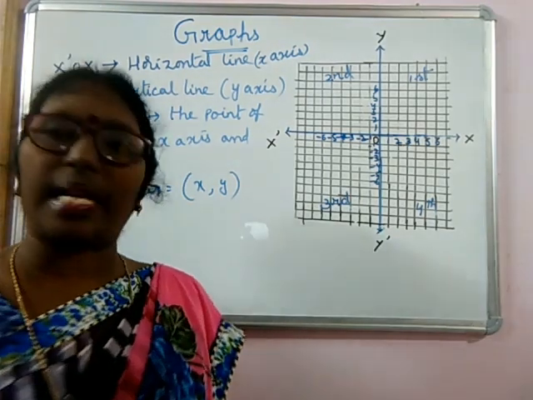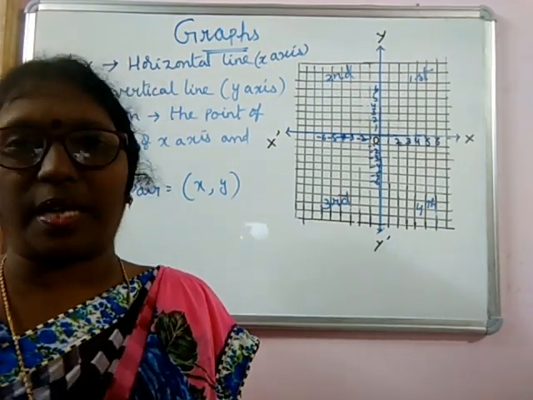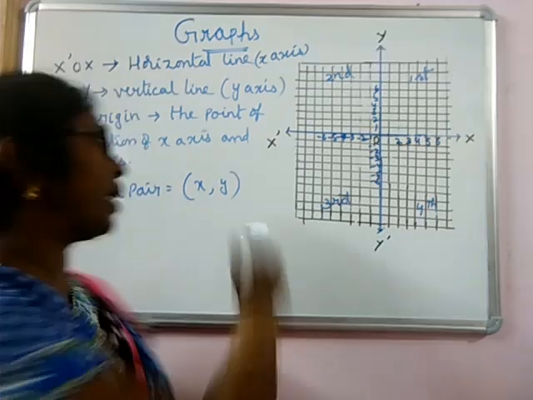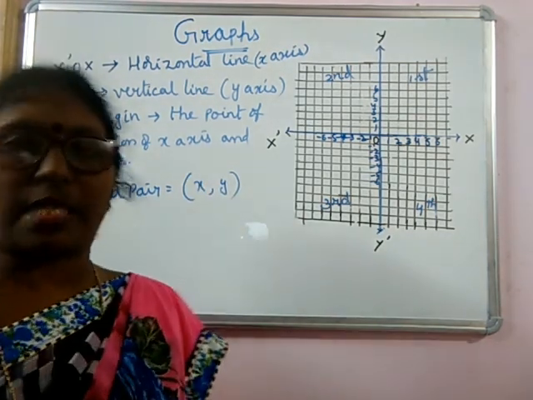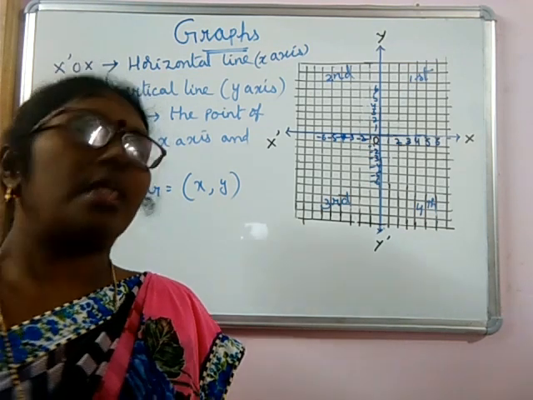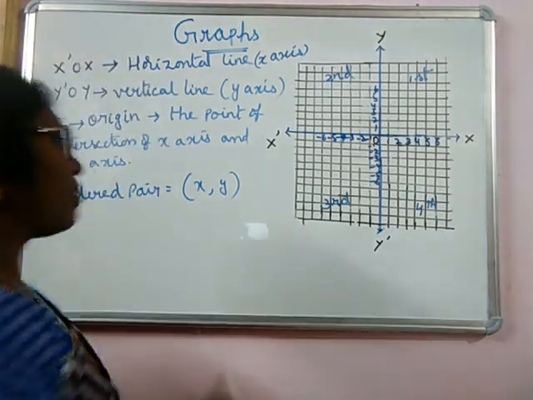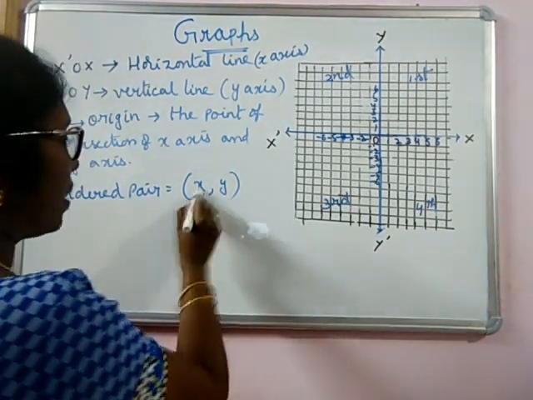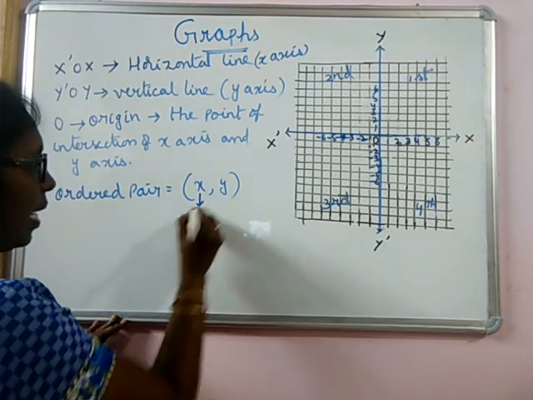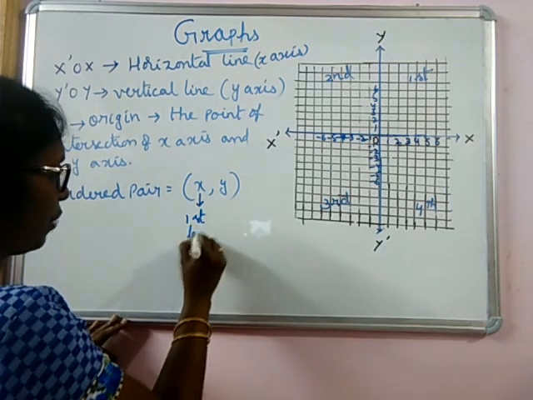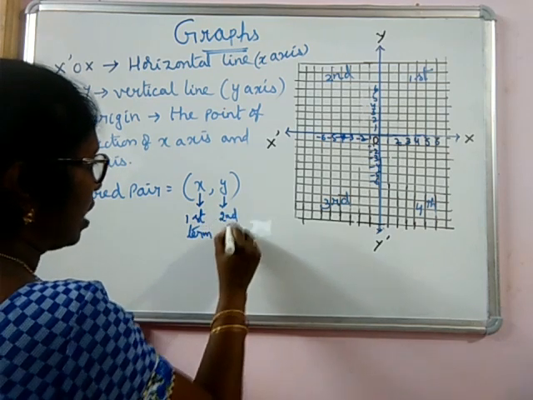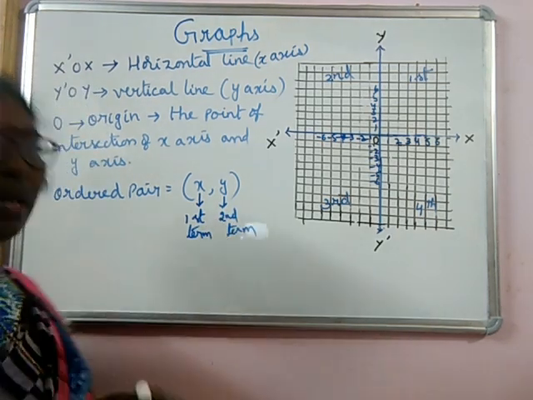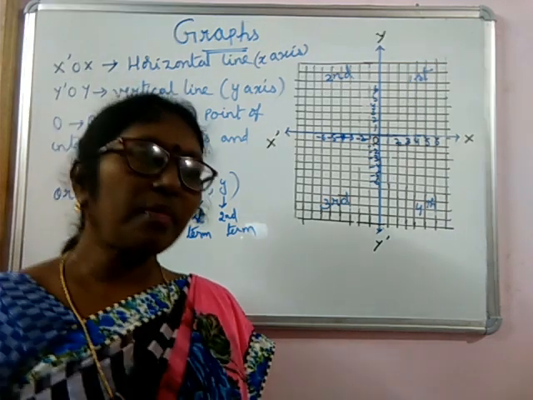If X and Y are equal, no problem. Otherwise, Y cannot be in the first place, X cannot be in the second place. X coordinate is the first term, Y coordinate is the second term. In the ordered pair, X coordinate is the first term of the pair, Y coordinate is the second term of the ordered pair.